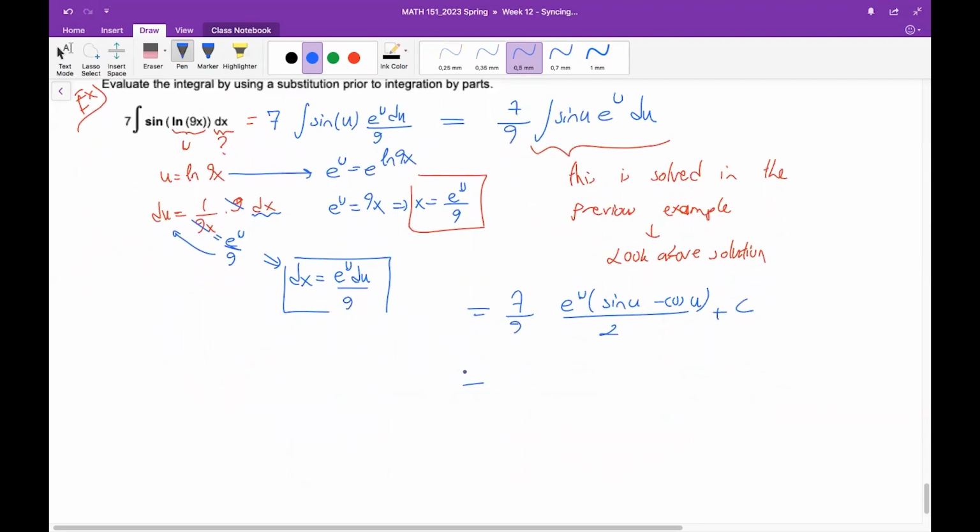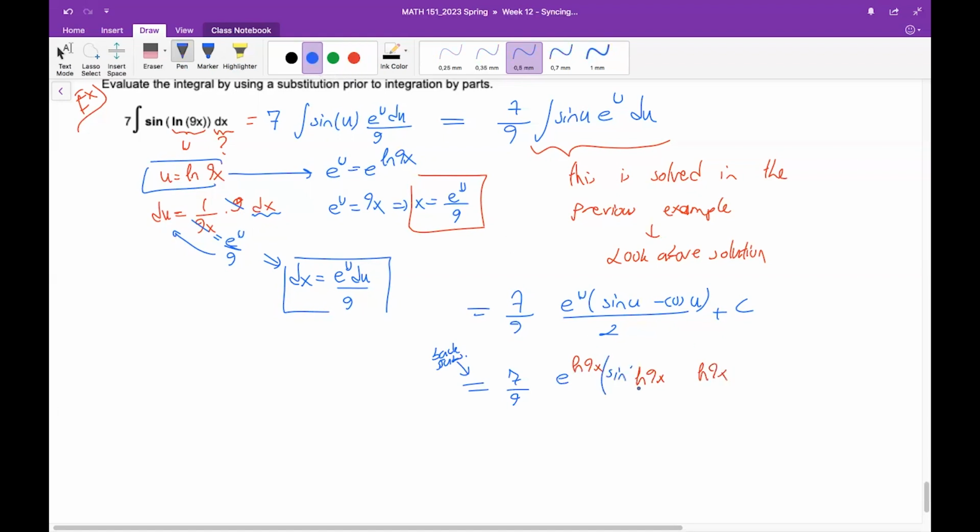And finally, as the last line, we need to turn back to the original variable, back substitution. So instead of u, I need to insert ln 9x.